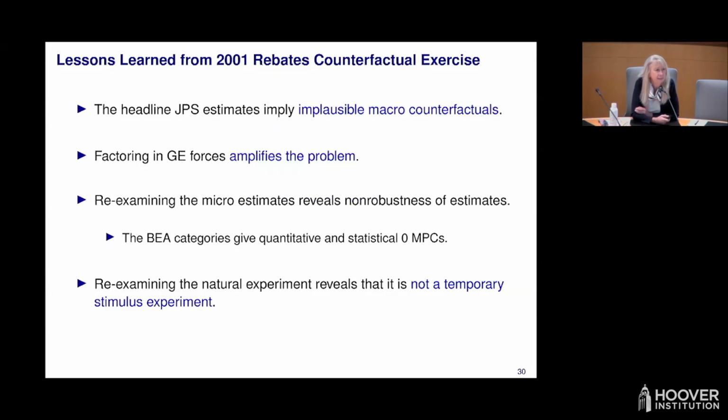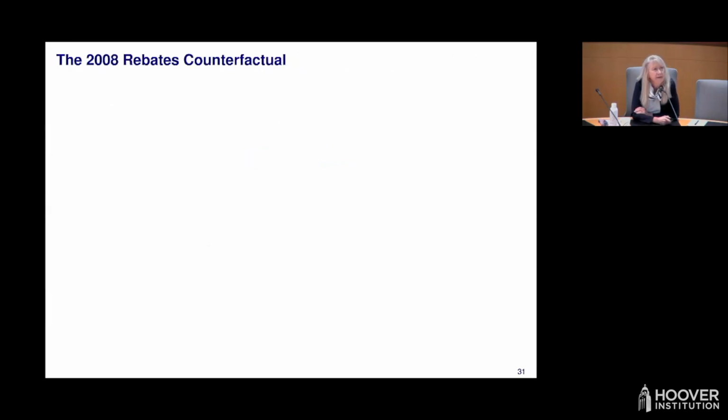Typically, factoring in general equilibrium forces amplifies the problem. And re-examining the micro estimates reveals the non-robustness of those results. And it's not even a good experiment for looking at temporary effects. Right? Let me talk a little bit about the 2008 rebate.